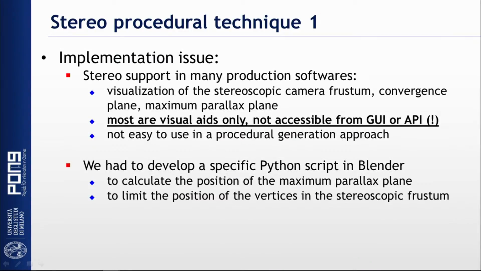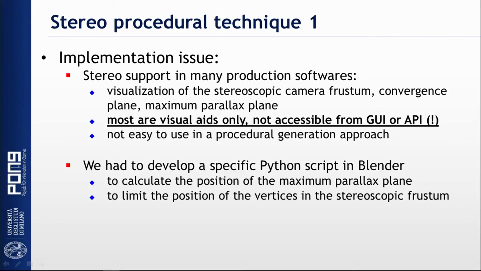Blender, but also the other tools providing stereoscopic setup, they give you the tools. They let you set the interaxial distance. They let you set the convergence plane. They provide you a visualization of the stereoscopic frustum of the planes in order to manually place the objects inside the frustum. But they don't give you back the values.